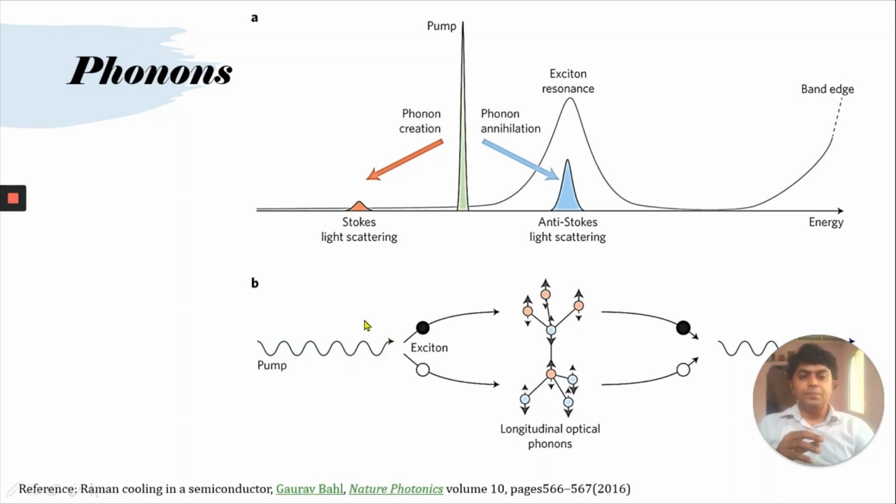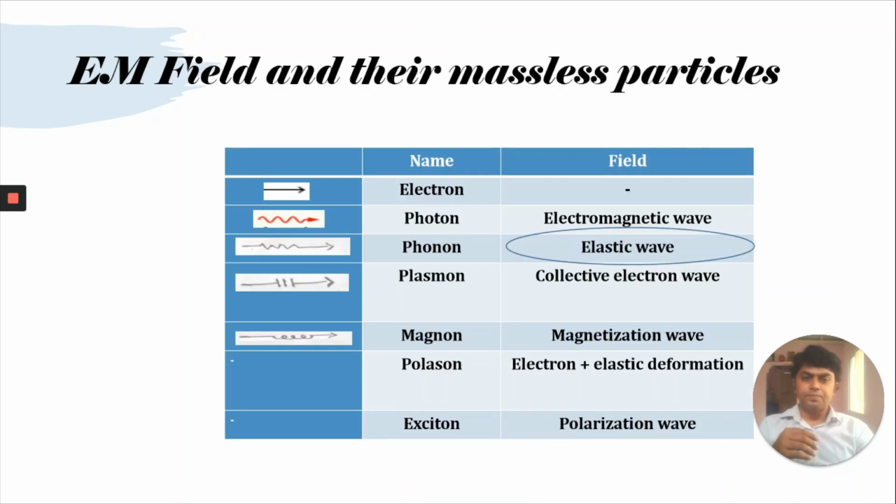In this paper he has so beautifully explained phonon creation as well as phonon annihilation using Stokes and anti-Stokes light scattering. It's one of the best papers I have come across for understanding the phonon part. If anyone is interested to read more, you can go through this reference I have given at the end of the slide.